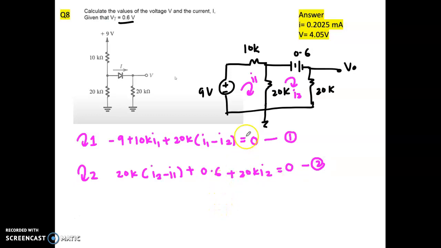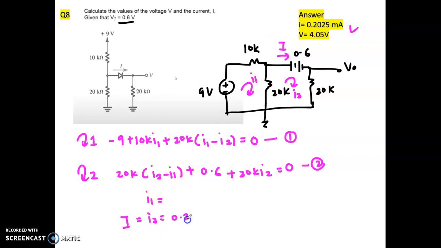So you try, I believe that you know how to solve this one. You have 2 equations and 2 unknowns, so you can get the values of I1 and I2 as shown here. Okay. So the I here is the current across the diode. Is it I1 or I2? I is actually I2.